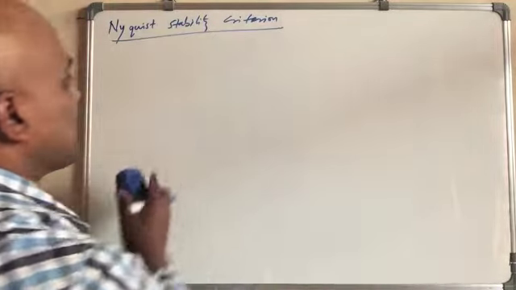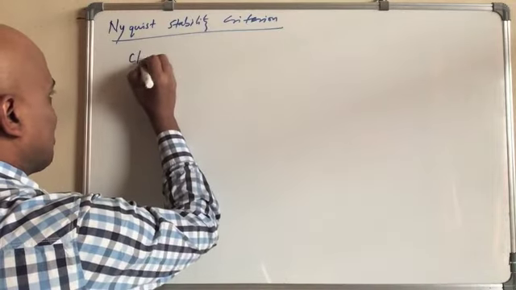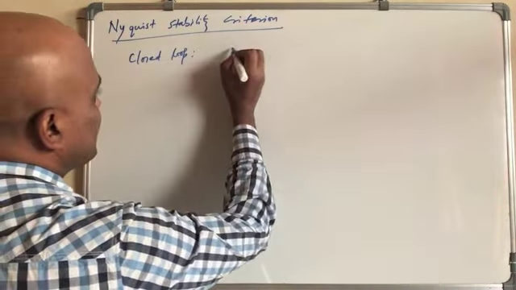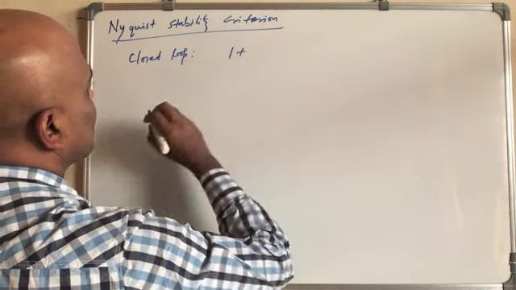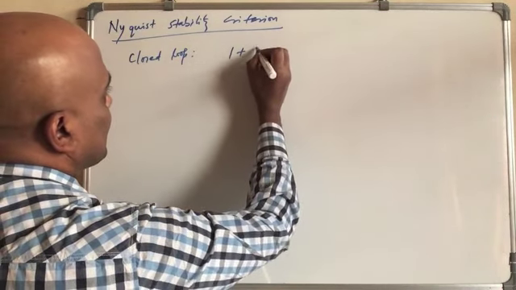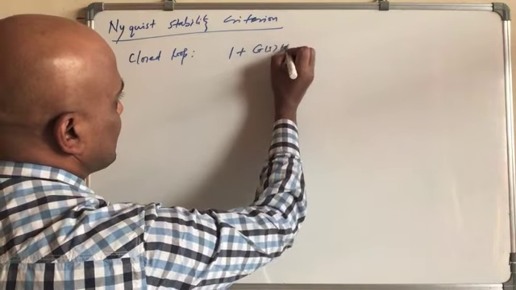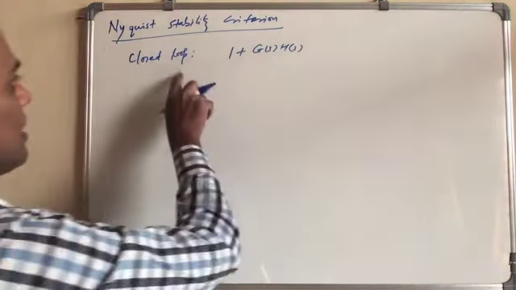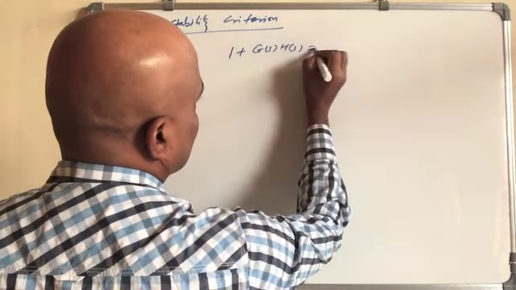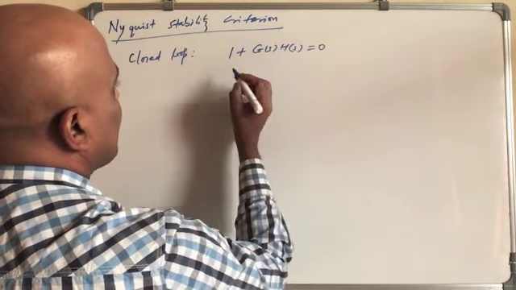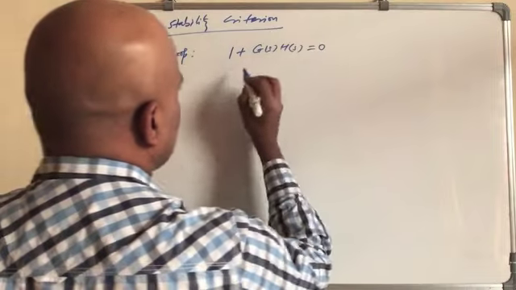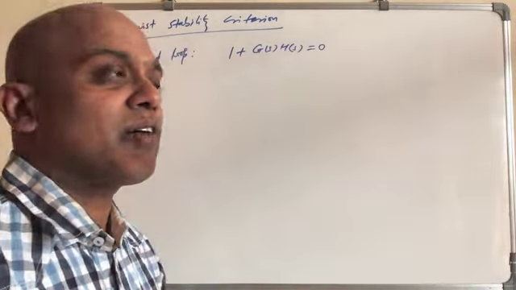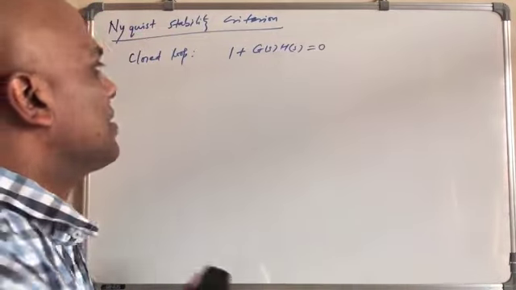We are interested in the closed loop, and for the closed loop characteristic function, the equation is 1 plus G(s) times H(s) equal to 0, and that really means there will be some shift of axis.